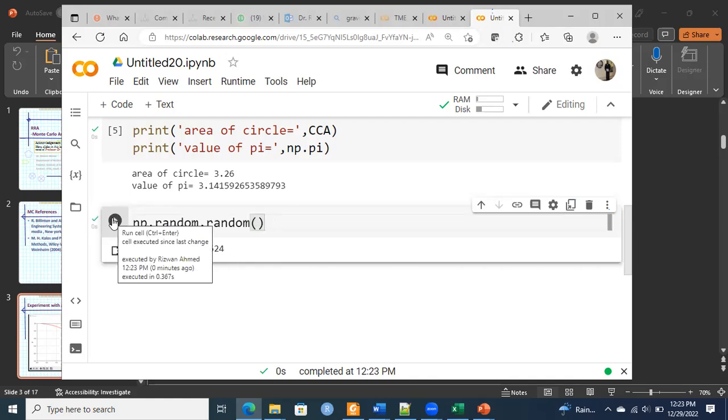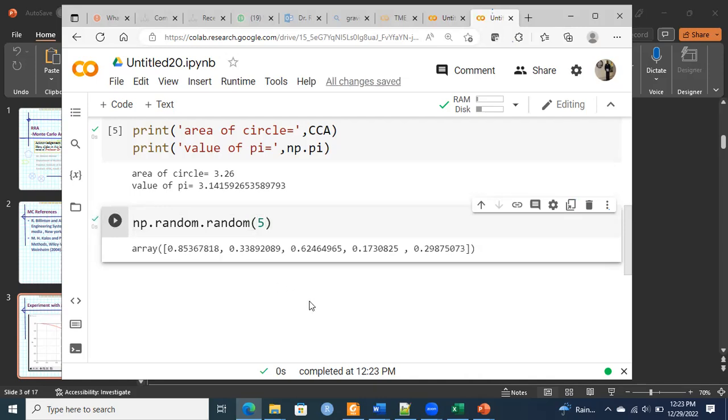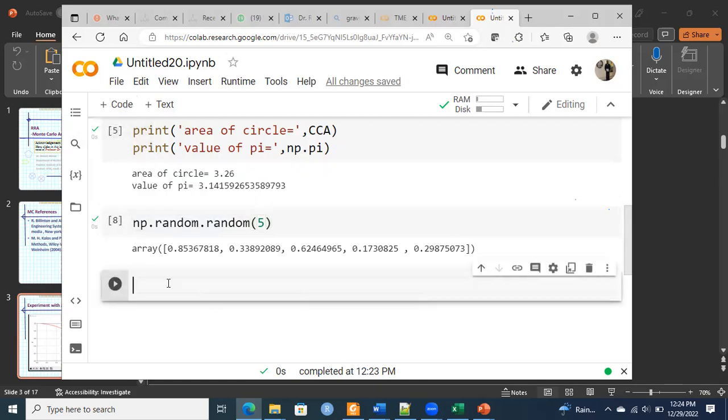If I call it again, it's a different value. If I say random.random(5), it is going to give me an array of 5 random numbers. This random number generator uses the Mersenne twister algorithm, right?